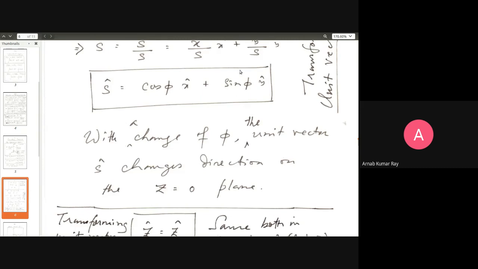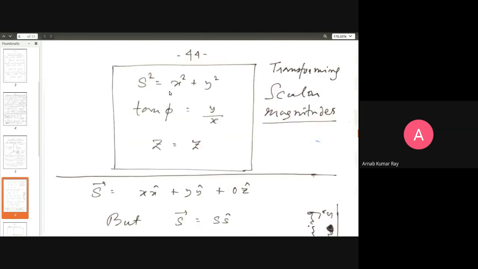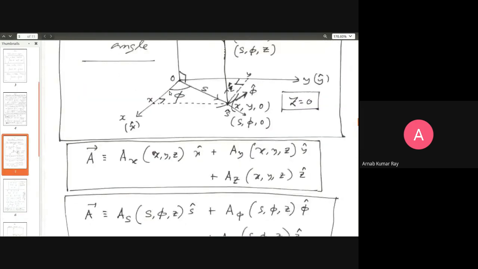Let us now look at this formula and first see how it changes. Suppose we put some values. Remember the formula, cos phi X cap plus sin phi Y cap. Let's go to the diagram. This S cap here is equal to cos phi X cap plus sin phi Y cap. So suppose phi is equal to 0.